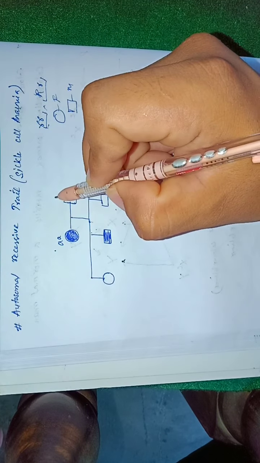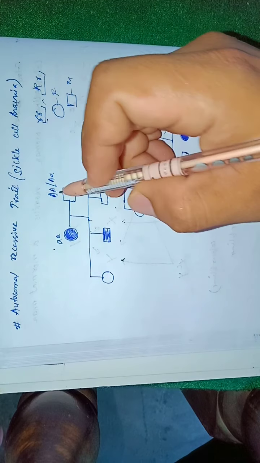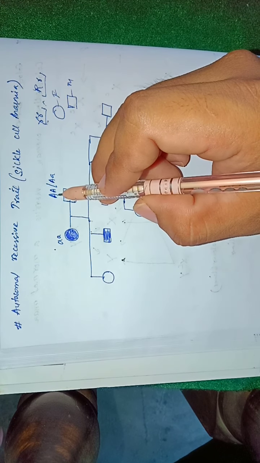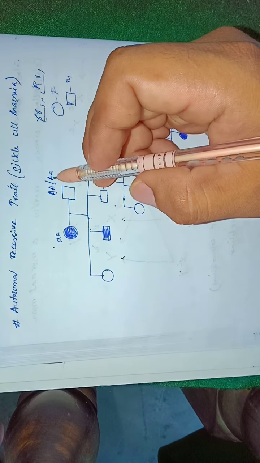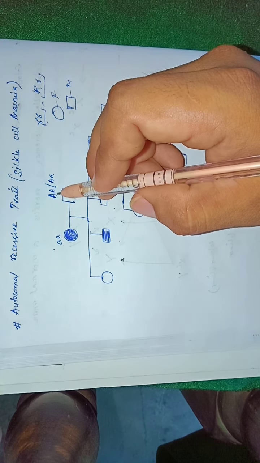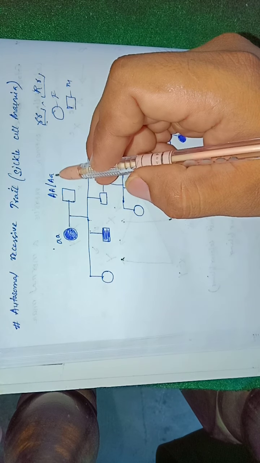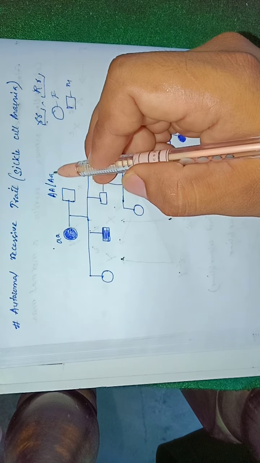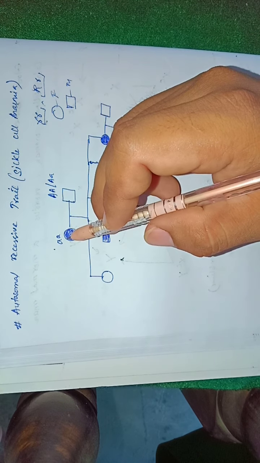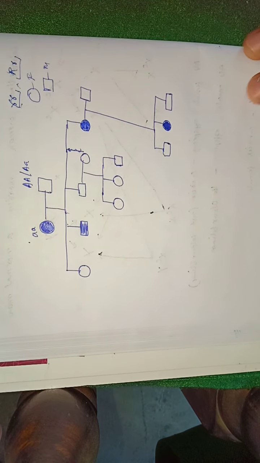So we don't know whether he is in homozygous dominant or in heterozygous form. Here dominant means there is no sickle cell disease. Heterozygous form means there is a dominant gene and a small a gene, which indicates sickle cell anemia in the recessive form.